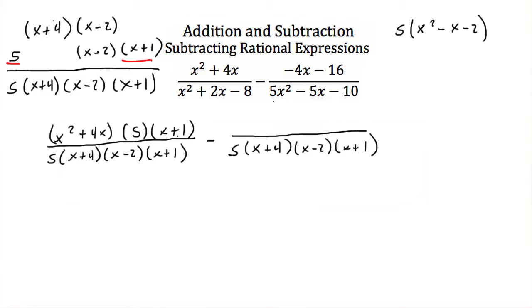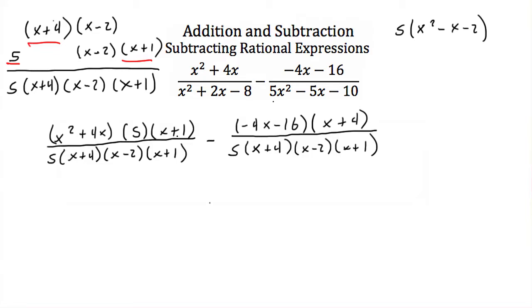But in my numerator, I'm going to have my original expression, negative 4x minus 16, and then multiply everything I multiplied my denominator by to get it to this common denominator. Well, I multiplied it by x plus 4.